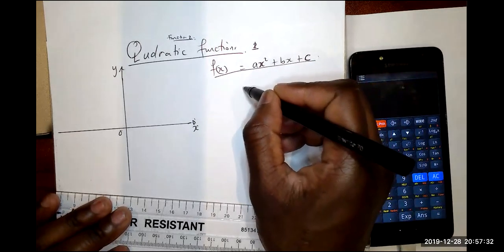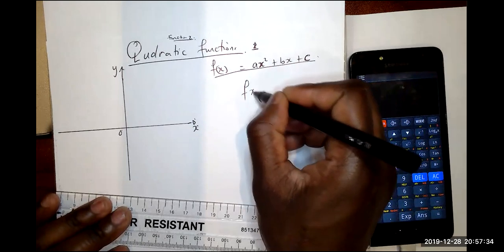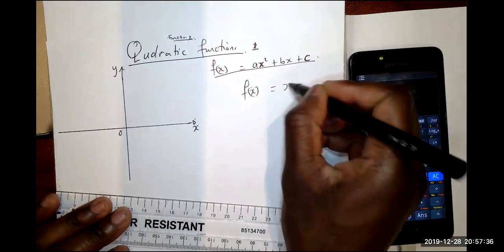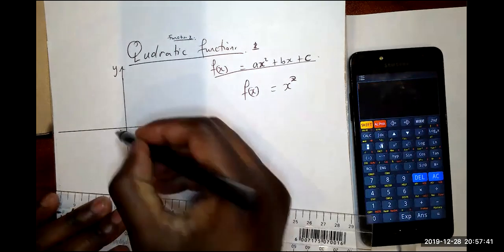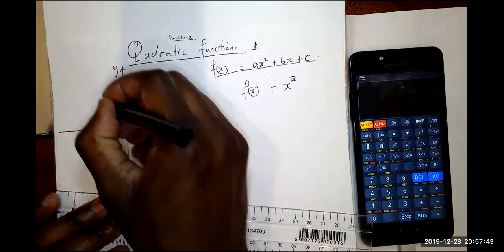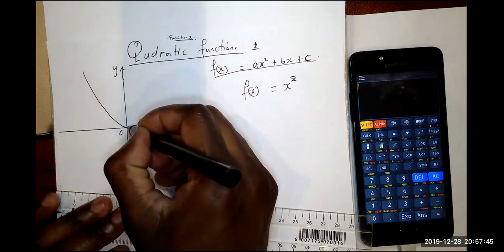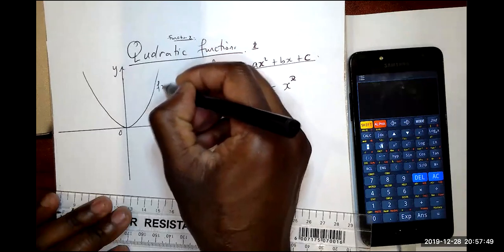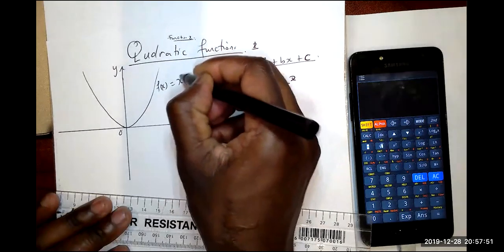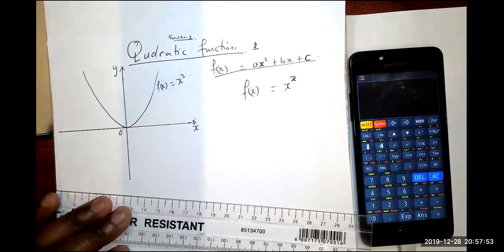Generally, quadratic equations start from y equals x squared. What we have there is a graph like that. This is f of x equals x squared.